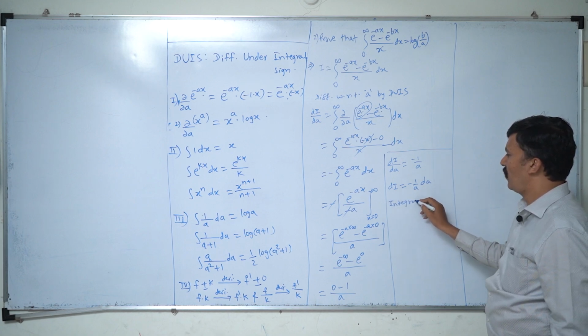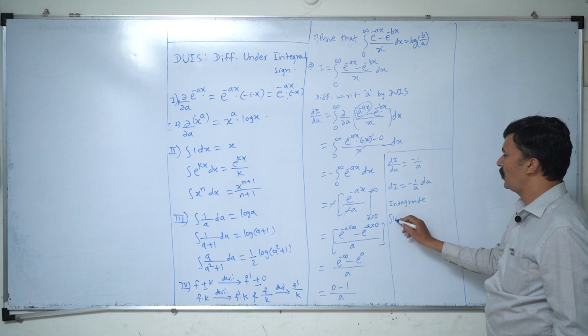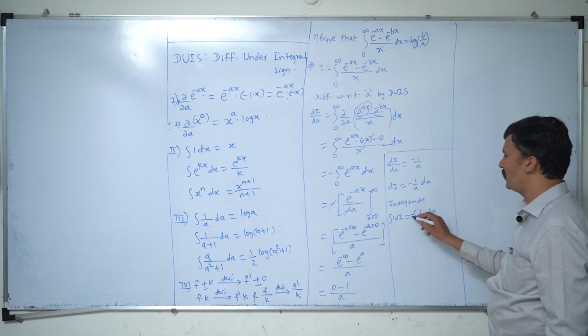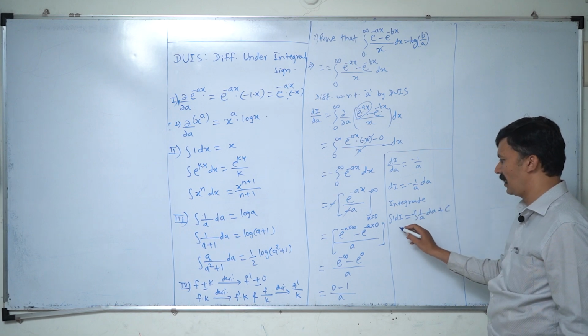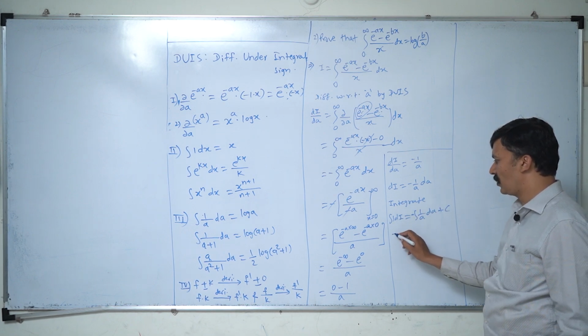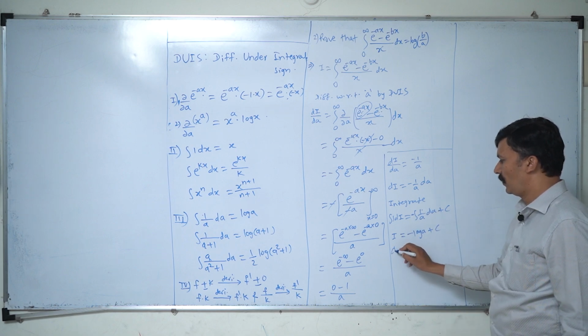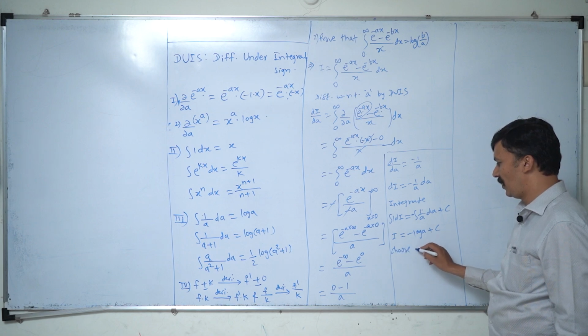Then integrate both sides. So integration of 1 dI equals minus integration of 1 by a da, you can write the minus sign outside, plus the integration constant c. Integration of 1 dI is I, and of 1 upon a is log a, plus c. Now choose that particular value of c.